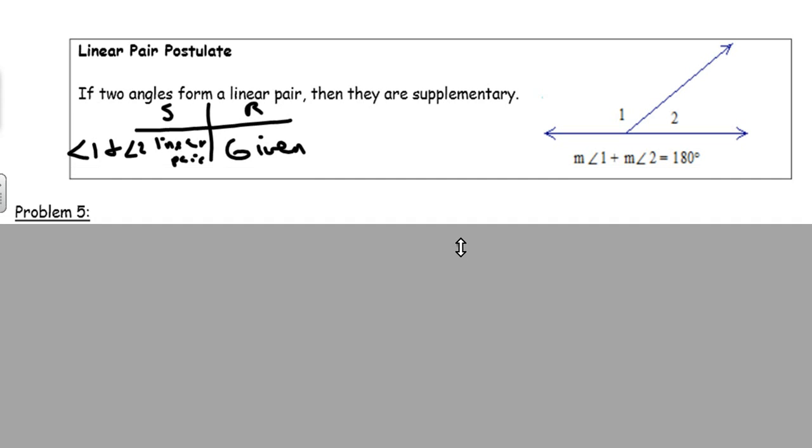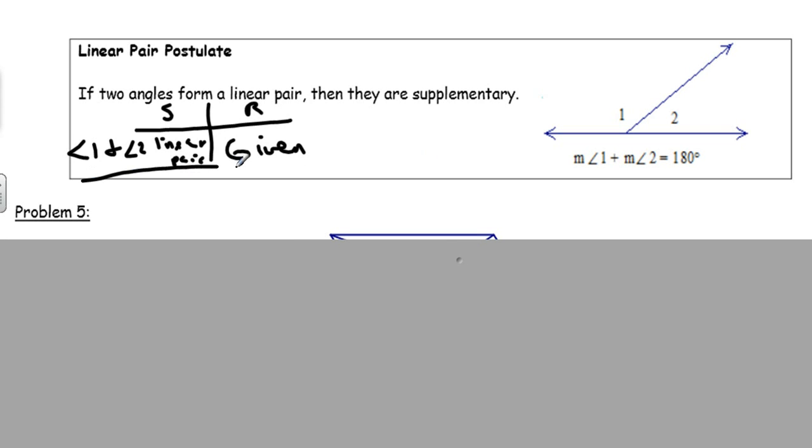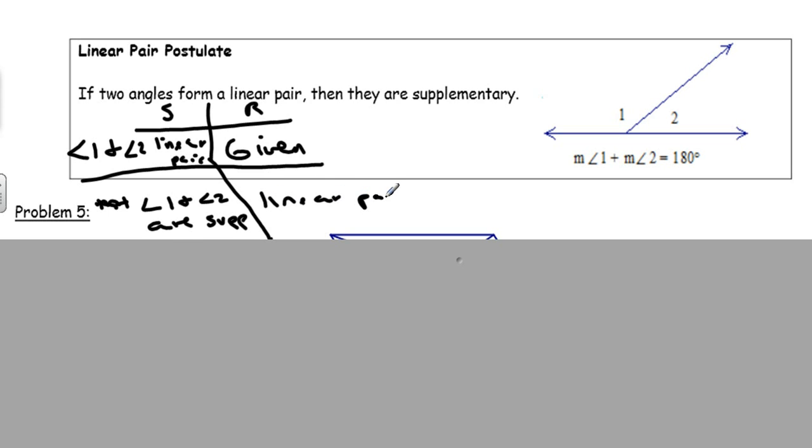But then your next statement would be that angle 1 and angle 2 are supplementary. And that would be the linear pair postulate, because angles that form a linear pair are supplementary.